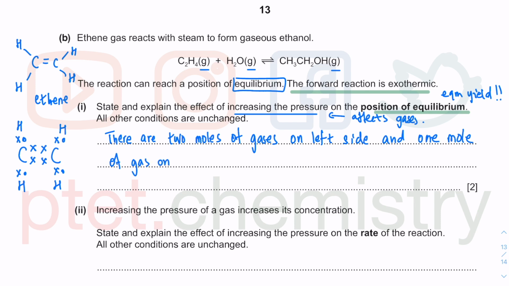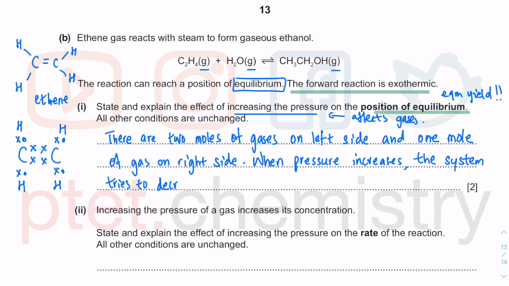So what happens is when we increase pressure, Le Chatelier's principle says that the equilibrium will try to oppose the change. So the system, or the equilibrium, will try to decrease the pressure, that is opposing the change.